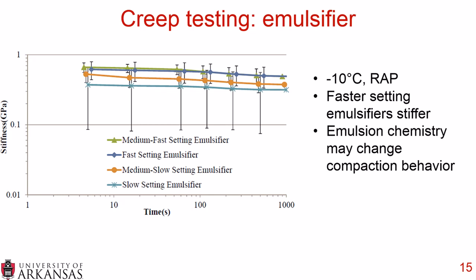So the faster setting emulsifiers were a little stiffer. And we believe that the emulsion chemistry may have changed the compaction behavior. So based on how quickly the emulsifiers started breaking the asphalt emulsion when it came in contact with the wrap, that would reduce the lubricity of the mixture and make it a little harder to compact. So that was one possible reason for the trend that we see here.